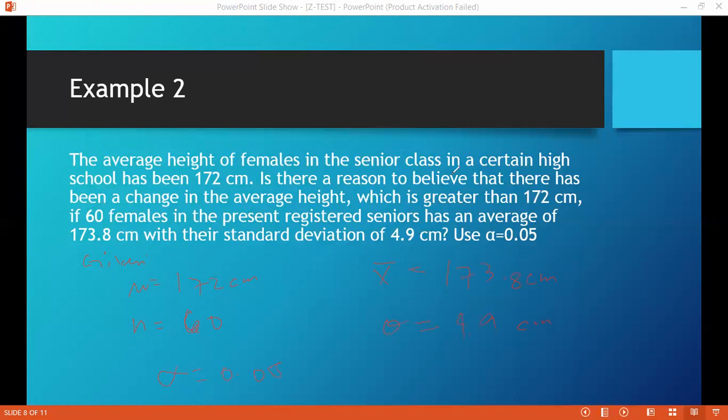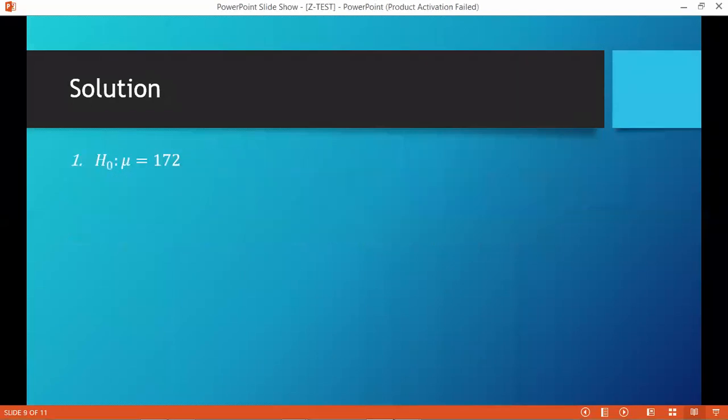Okay, now let me highlight this one for you. Which is greater than 172 centimeters. This is now your clue for your alternative hypothesis later on. So for our null hypothesis, we have mu is equal to 172 centimeters.